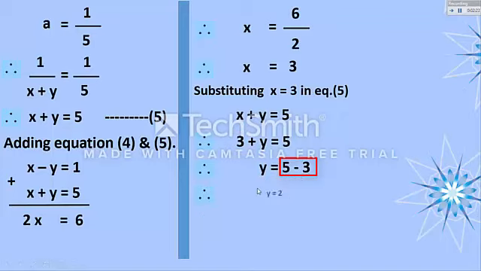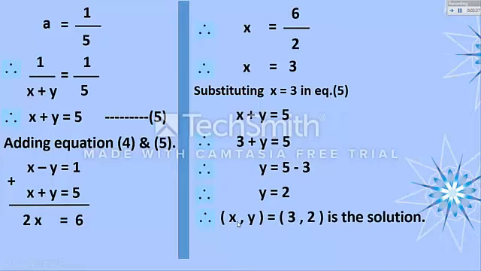Subtraction, 5 minus 3 is 2. Therefore y is equal to 2. In the example, x and y are the given variables, and that is the solution: x is 3 and y is 2. So (3, 2) is the solution.